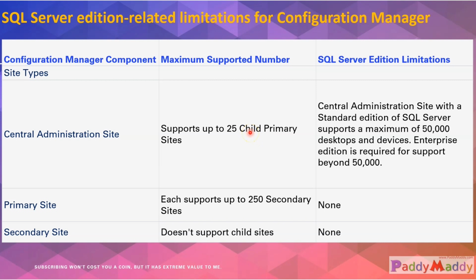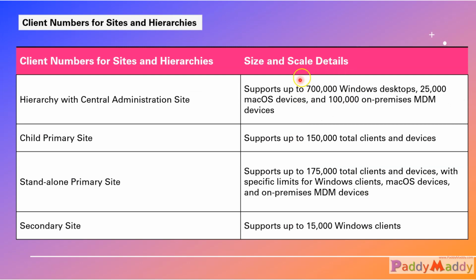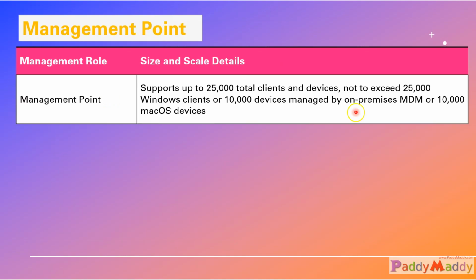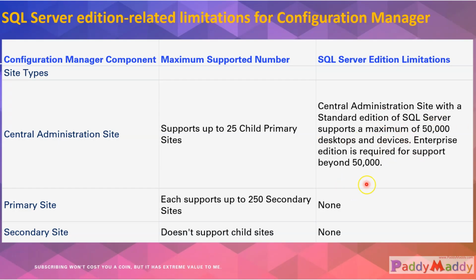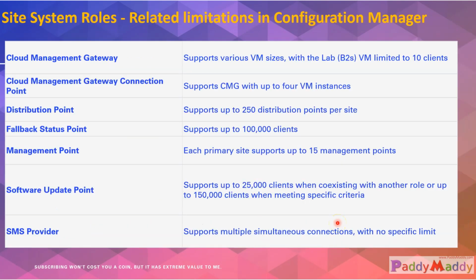But if you're installing with the Standard edition of SQL Server, a maximum of 50,000 desktops or devices is supported. Going beyond 50,000, meaning the close to 7 lakh devices we talked about, requires the Enterprise edition, which can be achieved only if every site in the hierarchy, like the child primaries and the CAS, has SQL Server Enterprise edition. Additionally, a primary site supports 250 secondary sites. A secondary site doesn't support any child sites. We know this information.